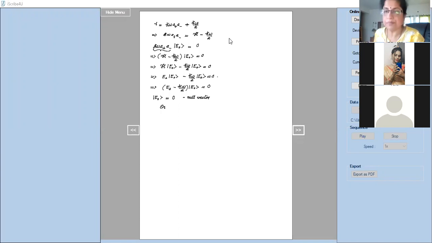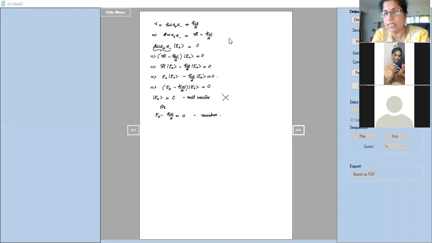Or your E naught minus h cross omega by 2 is equal to 0. This is the number. Now, since we think that there is a minimum state, that cannot be a null vector. So we cannot take this option, because the minimum state exists.